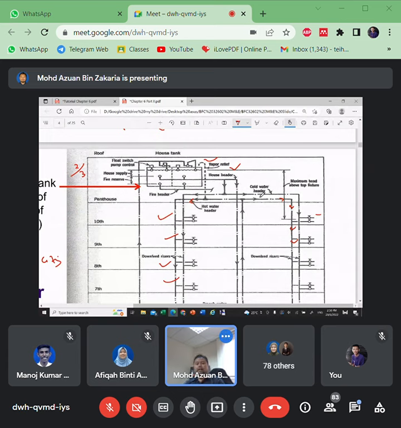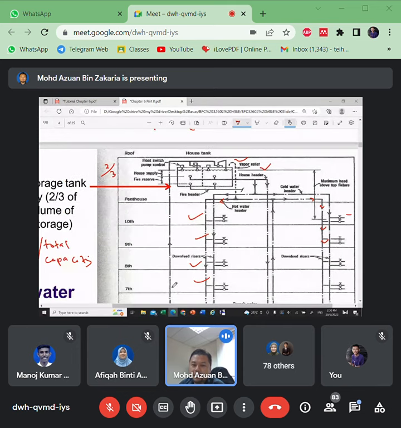So if you see this, for a high-rise building of this type, there is no specific system for potable water, right? My recommendation is that for this type of building, each house should have its own filtration or water treatment system.